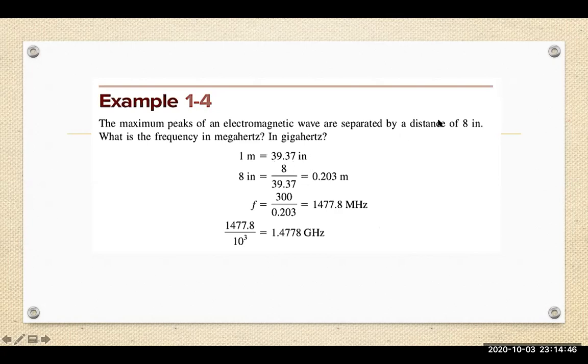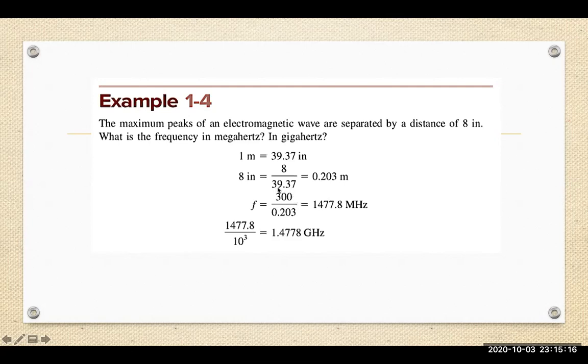Then we need to convert this 8 inches distance to meters. So 8 inches times 1 meter divided by 39.37 inches. We can cancel the inches unit. Now the value of the distance in meters is 0.203 meters.